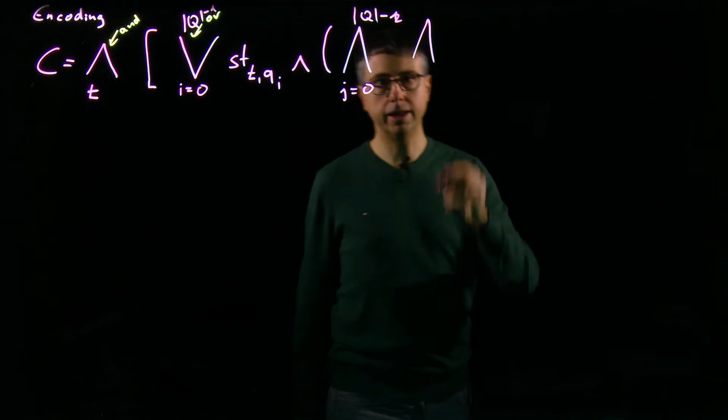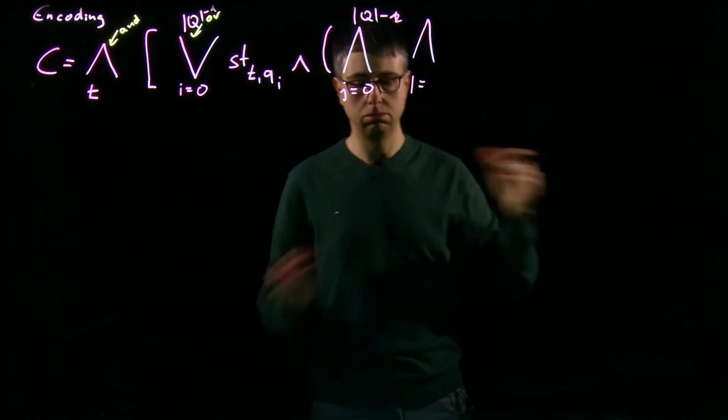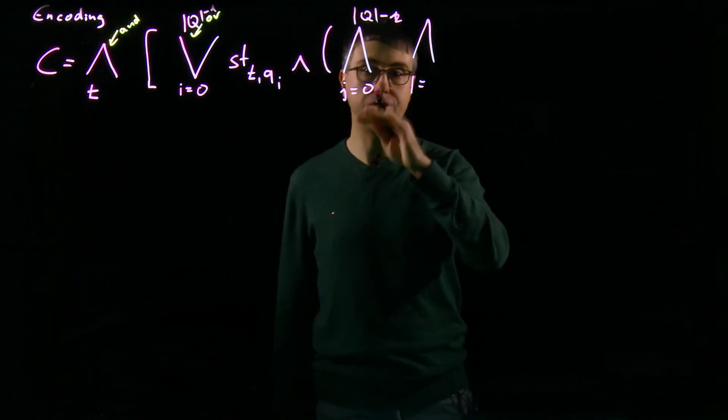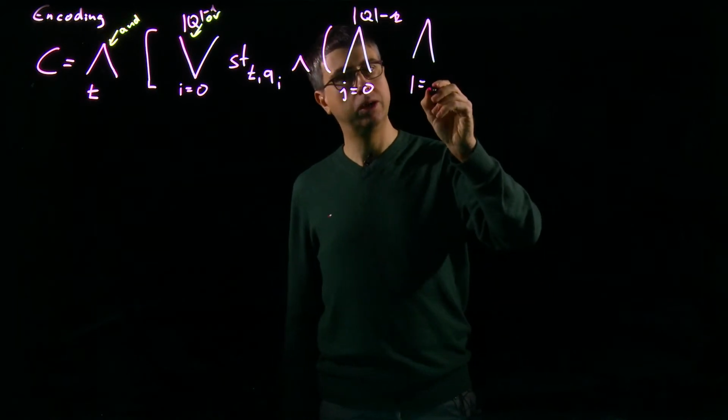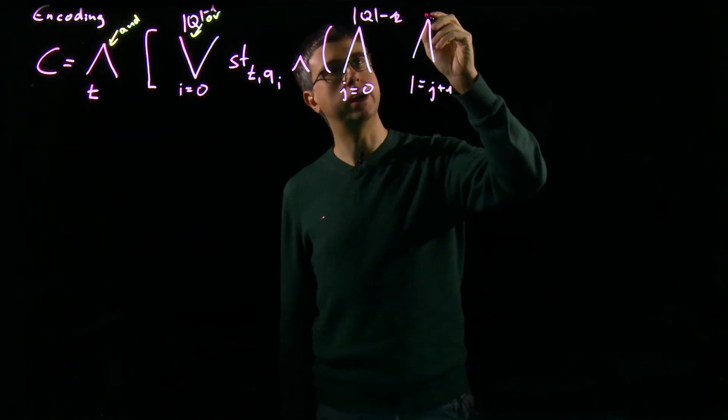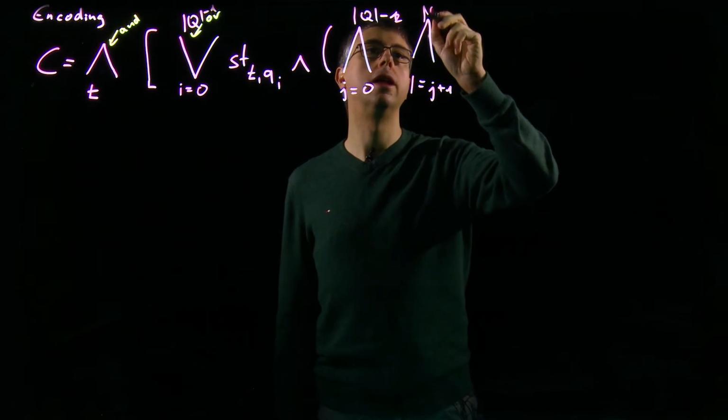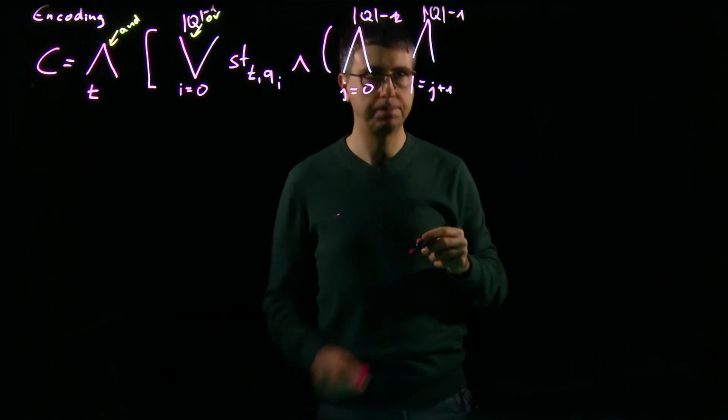And take another state, l, which is some different state. Here we start at j plus 1, and I go to number of states q minus 1.